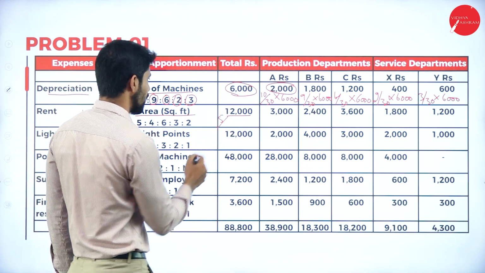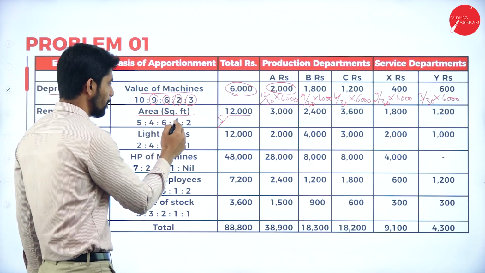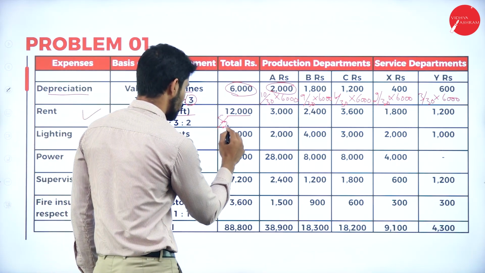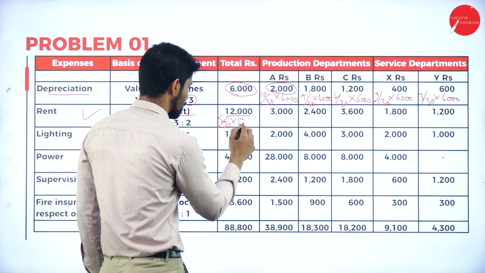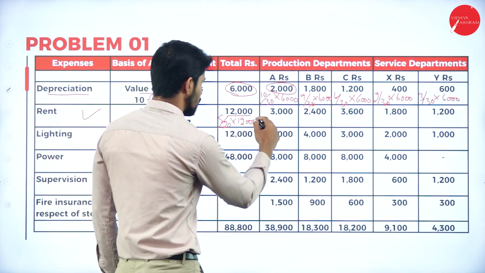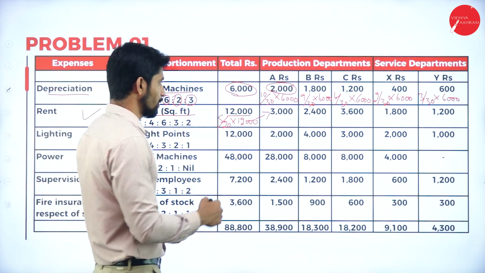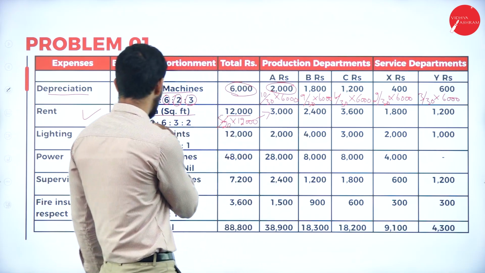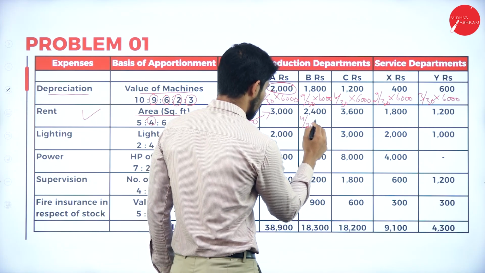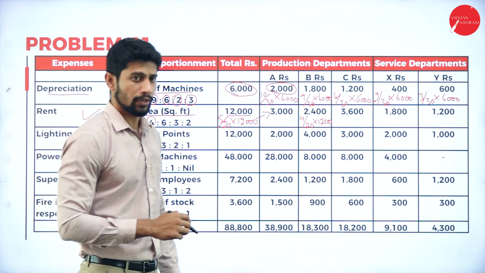Production department A. 5 divided by what is the total ratio? 5 plus 4 is 9, plus 6 is 15, plus 3 is 18, plus 2 is 20. So 5 divided by 20 into 12,000. How much will you get? You'll get 3,000 rupees for production department A. Next, production department B, the ratio is 4. So 4 divided by 20 into 12,000 is 2,400.